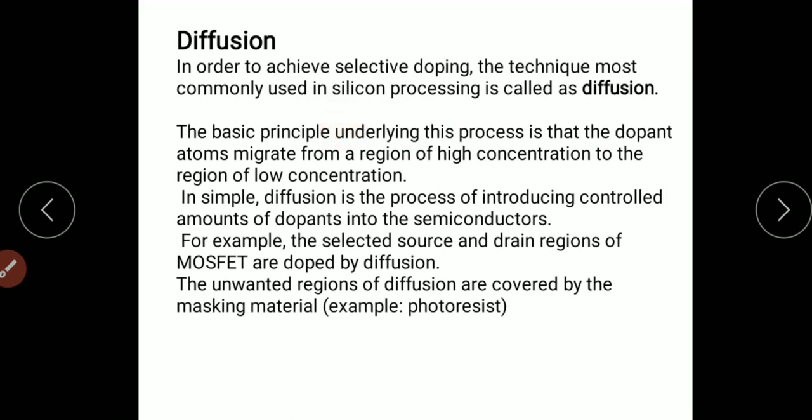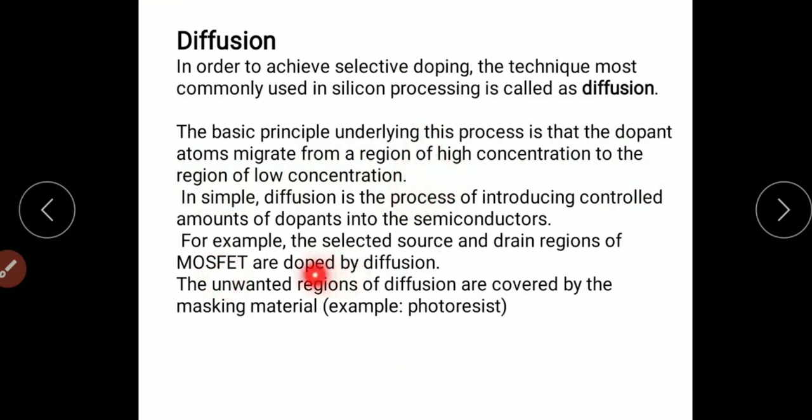If you want to develop a PMOS transistor, you have to diffuse P-type impurities into the surface. In order to achieve selective doping, the technique most commonly used in silicon processing is called diffusion. The basic principle underlying this process is that the dopant atoms migrate from a region of high concentration to a region of low concentration. That is nothing but the diffusion process.